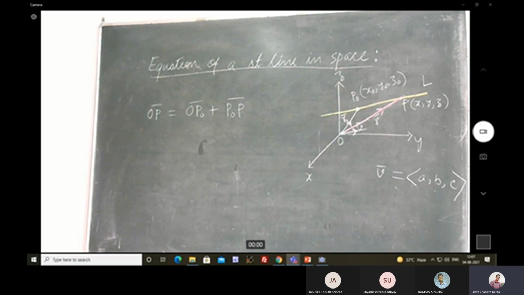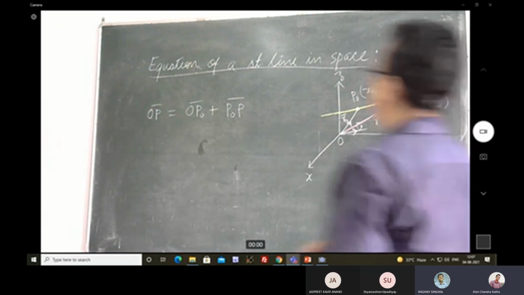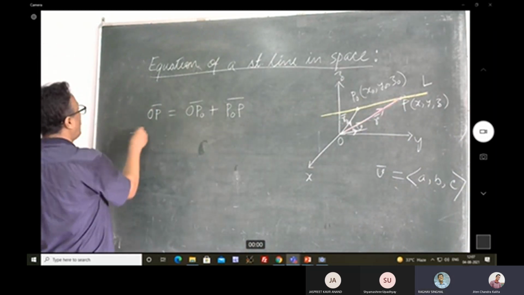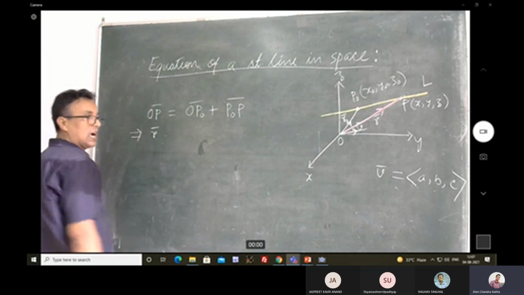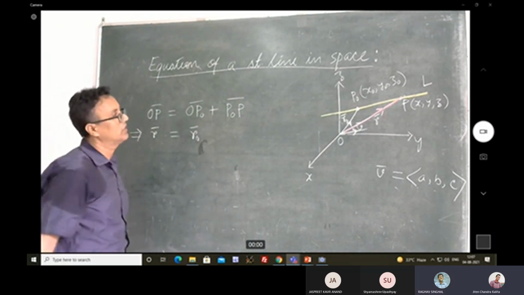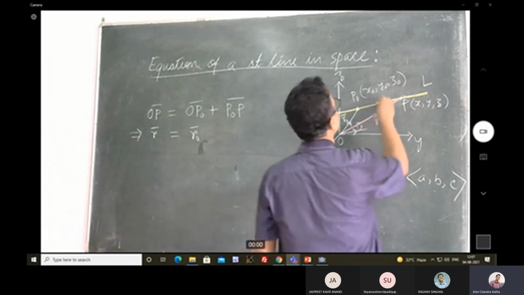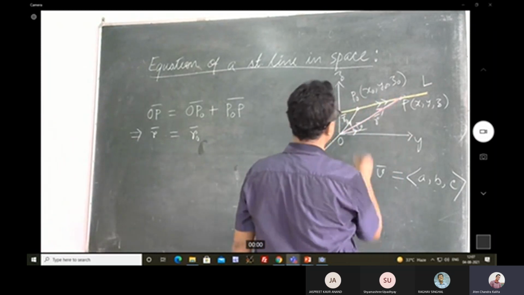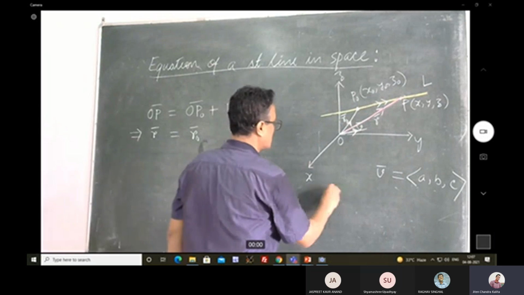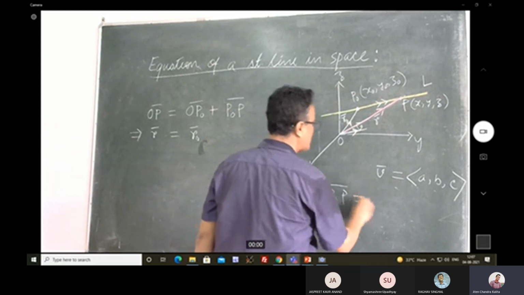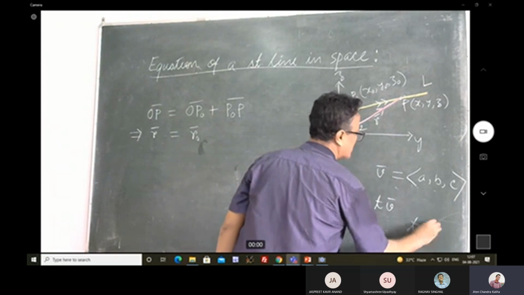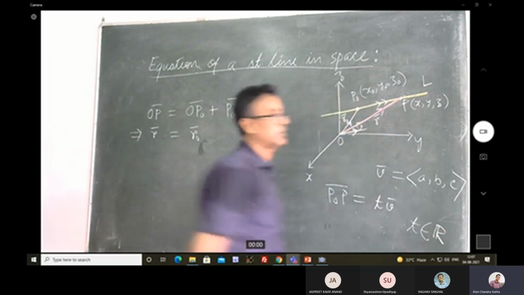Okay. So now this OP, I'm designating as R, and OP naught is the fixed vector R naught. Now you can see that this vector P naught P is parallel to V. So P naught P must be some scalar multiple of V, say t V, where t is a real number.